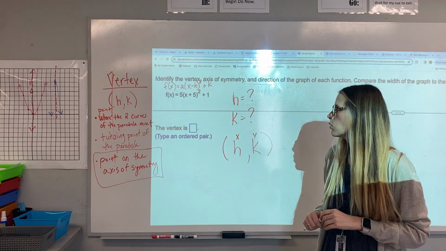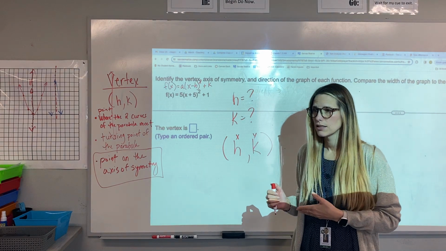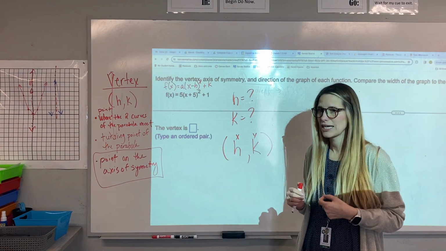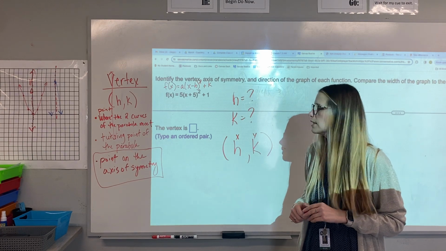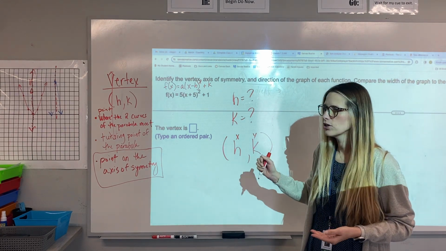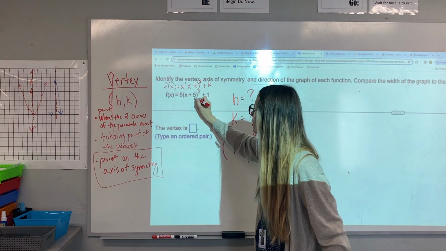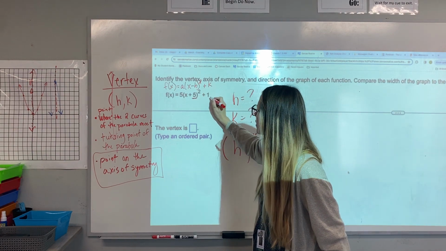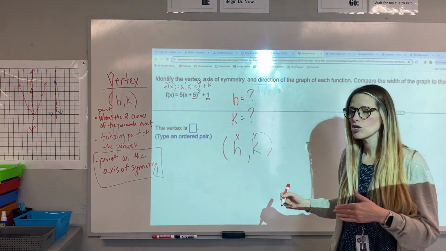So can somebody tell me how I would locate the values for h and k in my function? I look exactly where the h should be and exactly where the k should be, and those are my values.